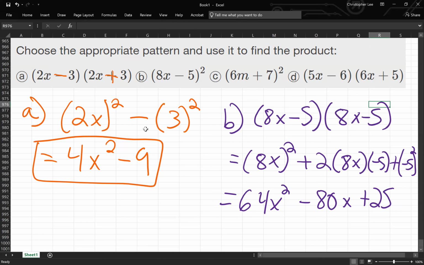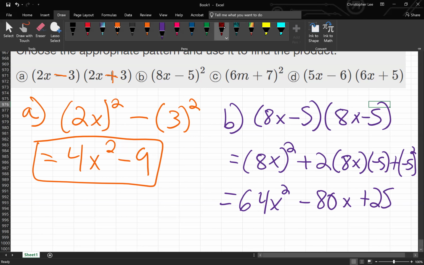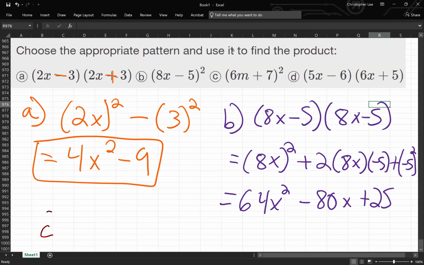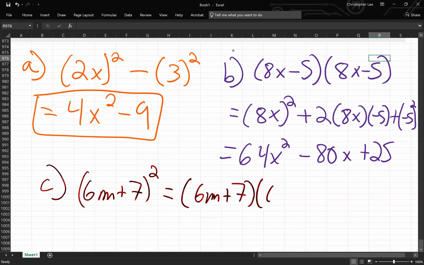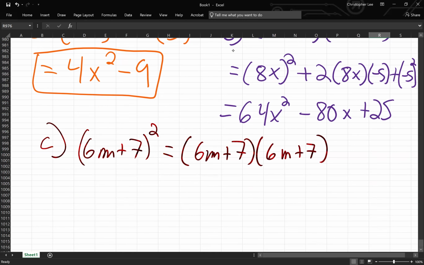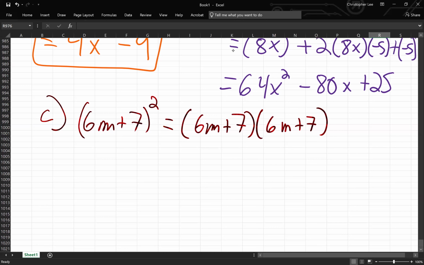What about C? I have 6m plus 7 squared. We know that's a repeat, 6m plus 7 times 6m plus 7. Use whatever method you want to figure it out. I'm using the pattern.